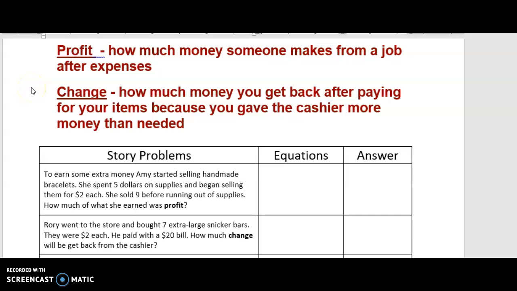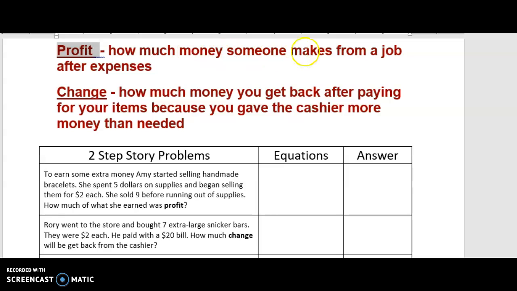Today, boys and girls, we are going to be working on two-step story problems, and there will be two words that will be coming up because our story problems today are about money. When you're talking about money, first you can make a profit.